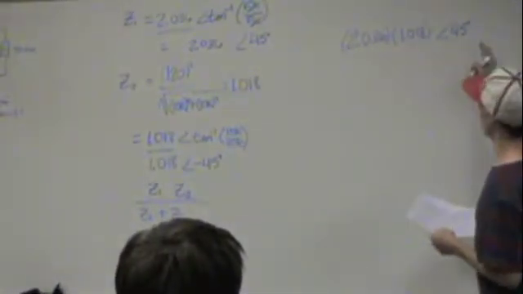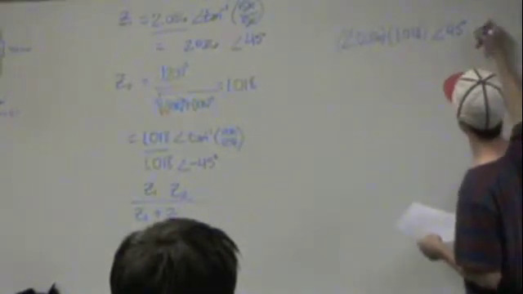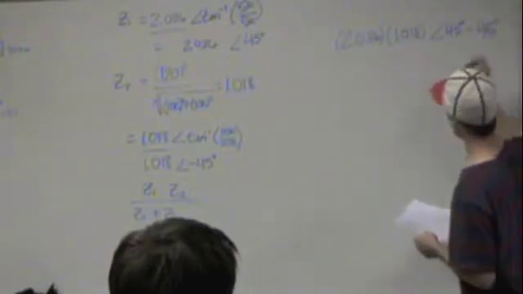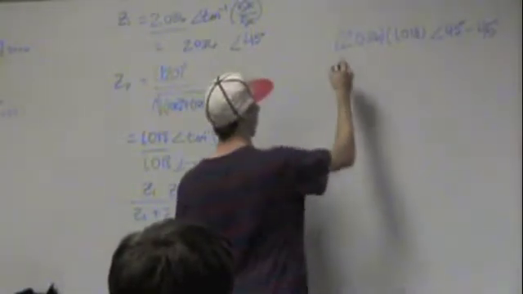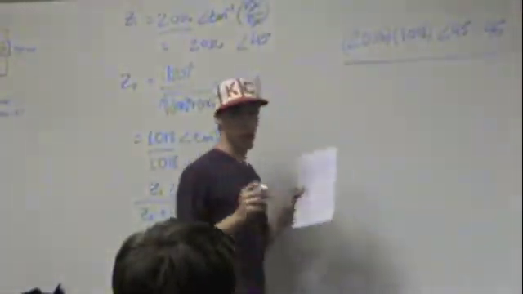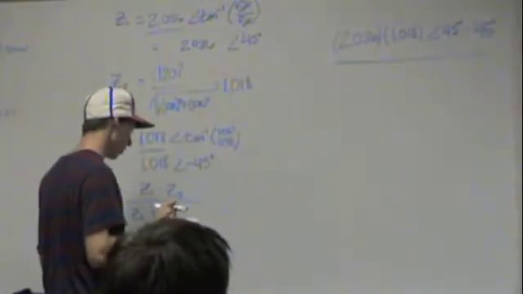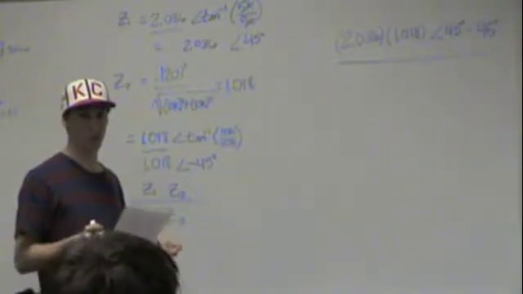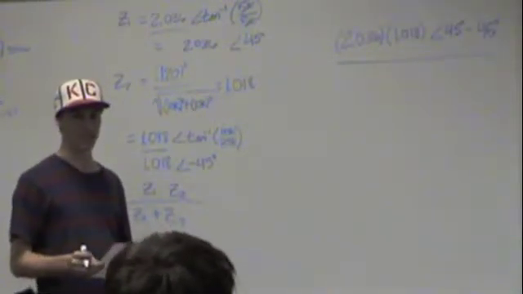But yeah, so then you're gonna need to add these. So you have 45 degrees plus a negative 45 degrees. Now, again, adding phasors is a little bit tricky, so it's easiest just to convert it into rectangular form and then convert it back.